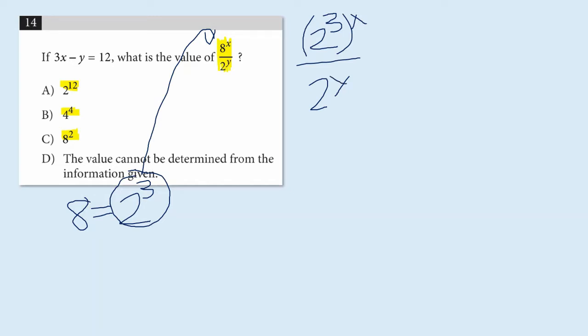Okay, so I have 2 to the third to the x power over 2 to the y power. Well, 2 to the third to the x power, I'm going to multiply those exponents. So that's going to be equal to 2 to the 3x over 2 to the y.